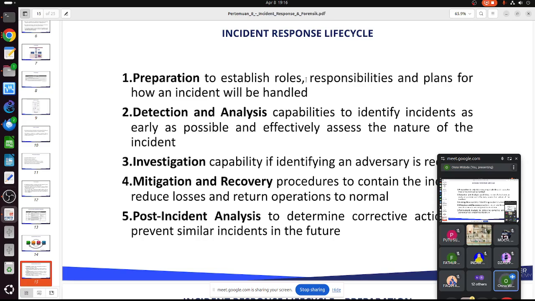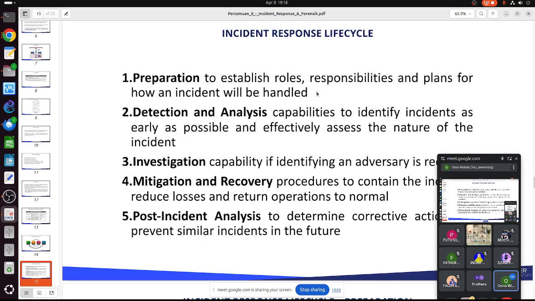And many of these things actually failed during the Indonesian data center collapse a couple of months ago. We actually lost trust in the data center run by the Ministry of Komdigi.